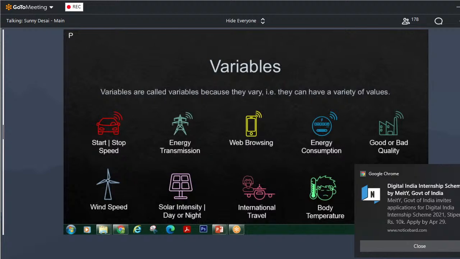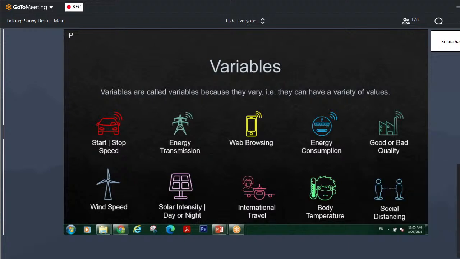Right now we have taken these many examples of different types of variables, and I want all of you to imagine and focus on scenarios around you where you can identify different types of variables. Every day in real life, you need to focus on scenarios around you.